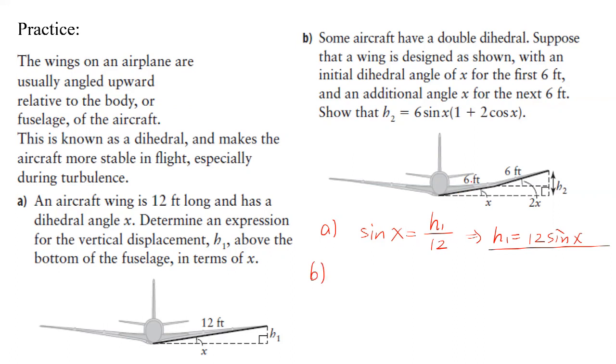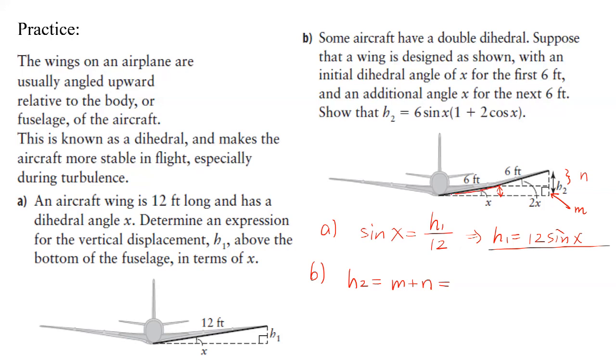Okay, in the second scenario, we know that h2 is, so let's call this n, and the length here is m. So h2 is m plus n, right? And m is just this length here, right?